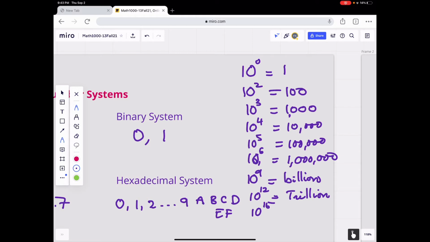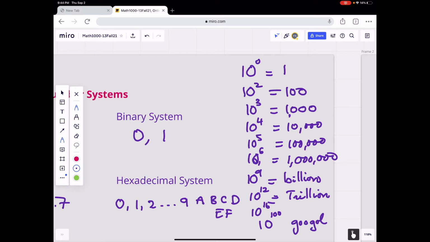You go to quintillion, sextillion, septillion, octillion, and so on, all the way to higher. And another one you should know, 10 to the power 100 is a googol, all right? So googol is not the name of the search engine, the website, but it's spelled G-O-O-G-O-L. All right, 10 to the power 100.